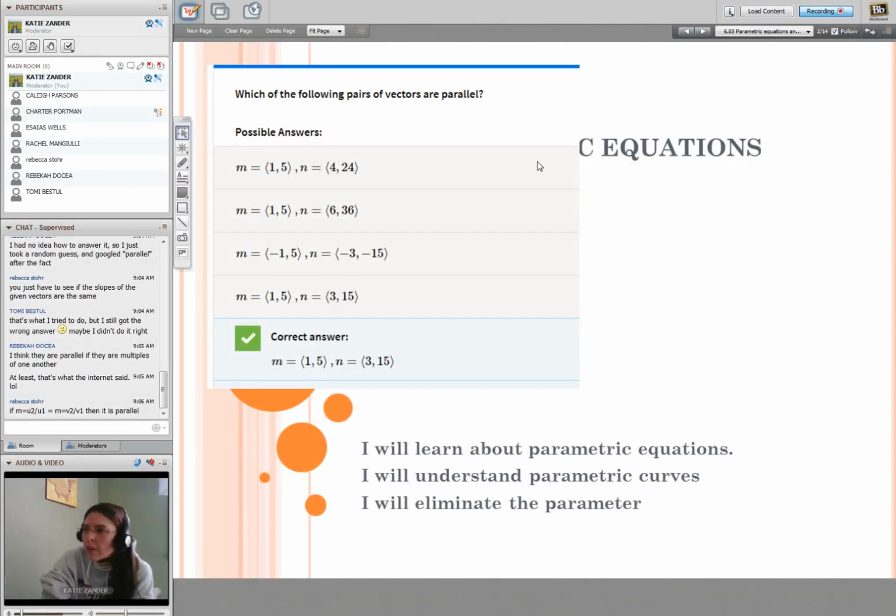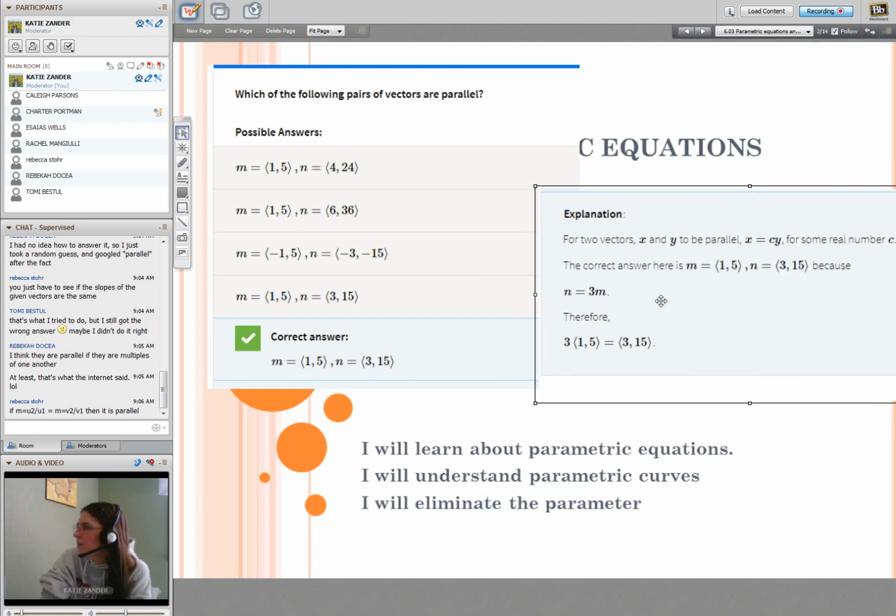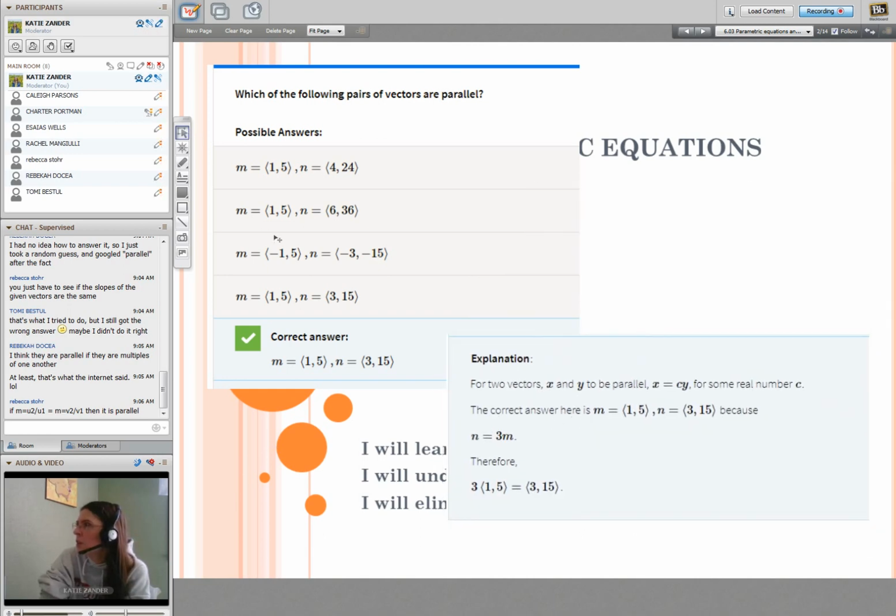And it looks like Rebecca's right with your scalar multiple. So it appears that for two vectors x and y to be parallel, x has to equal y times some multiple, where c is any real number. So basically, if we create fractions, we should get the common scale factor between them.